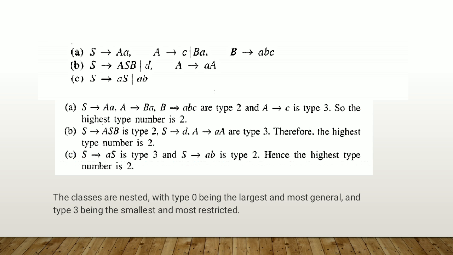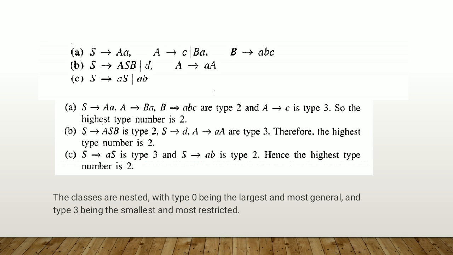This particular expression matches type 2 grammar, in which the left side doesn't have any right or left context, and the right side is a combination of terminal symbols and non-terminal symbols, or variables and input symbols. Again, A gives BA is also type 2 grammar, and B gives ABC is also type 2 grammar. Just A gives C is type 3 grammar.